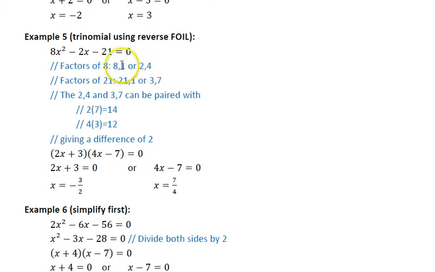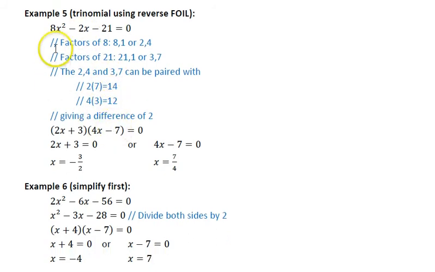So 8 and 1 is a possibility, or 2 and 4. And for 21, it's 21 and 1, or 3 and 7. We want to pair these in such a way that we can get a minus 2 in the middle. The 2 and 4 and the 3 and 7 can be paired. If we take the 2 and the 4 as first things, and then the 7 and the 3, 2 times 7 will be 14, and 4 times 3 will be 12, and there's a difference there of 2.